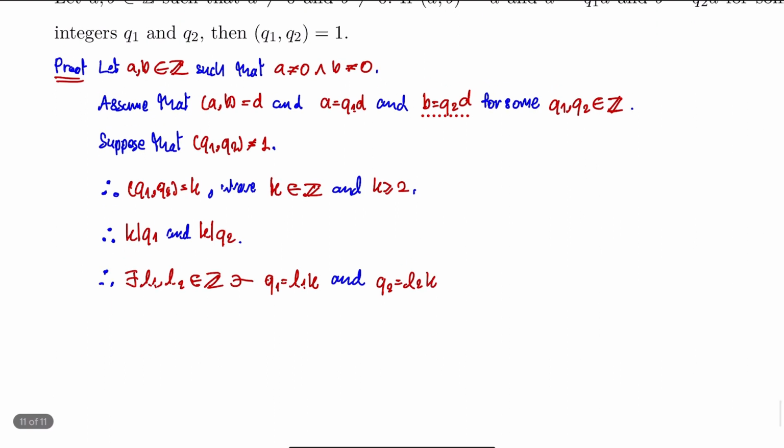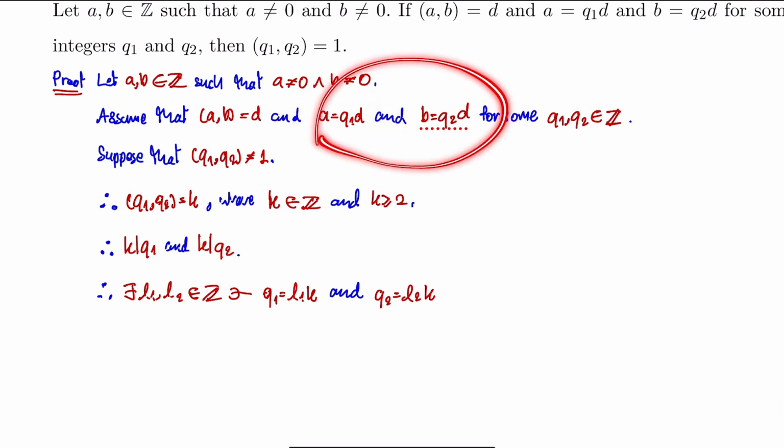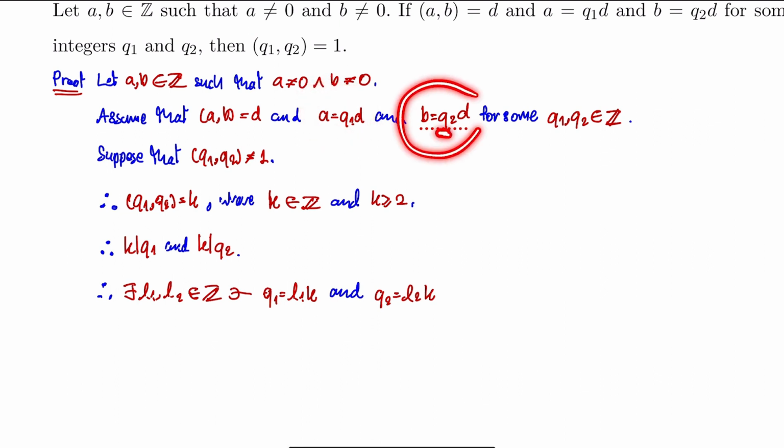Now let's go back to here. What do we have right here? Let's try to write Q1 as the subject of this equation and Q2 as the subject of this equation.